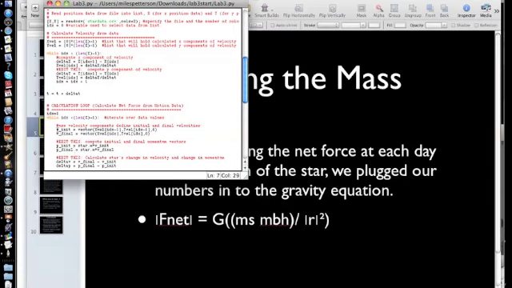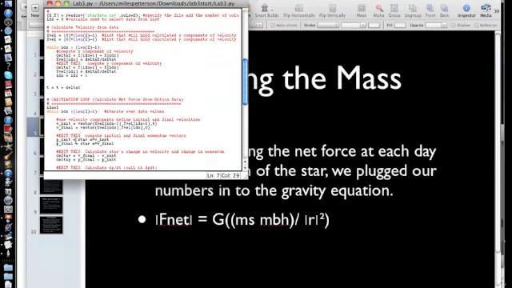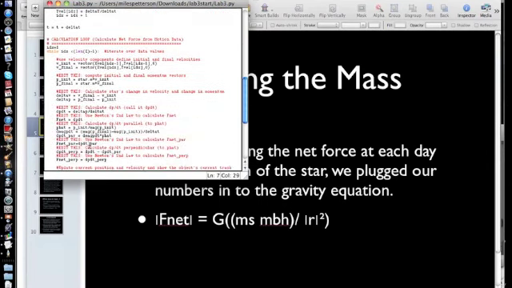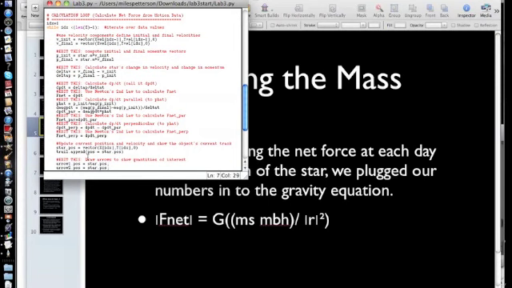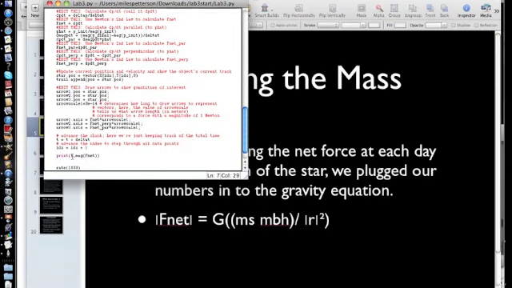We also plug in the equations for finding the final and initial velocities, the final and initial momentums, the change in velocity and the change in momentum, and our F-net is the change in momentum divided by the change in time, and that also has its parallel and perpendicular components. We have the program print out the time and the magnitude of the F-net force.